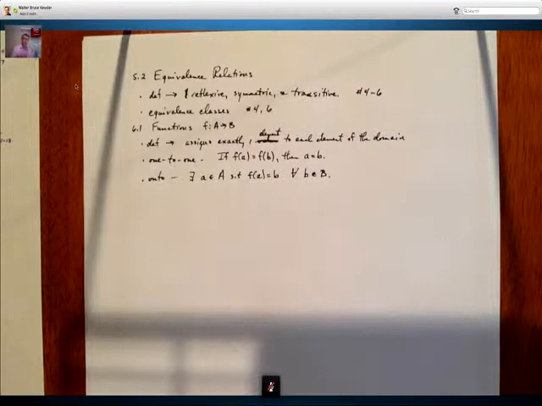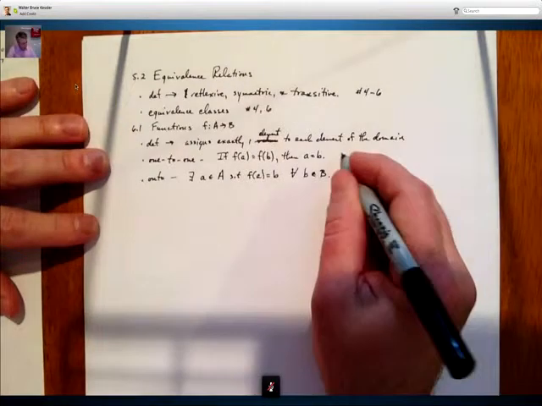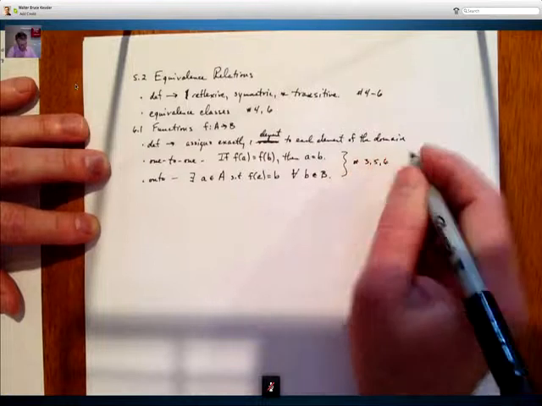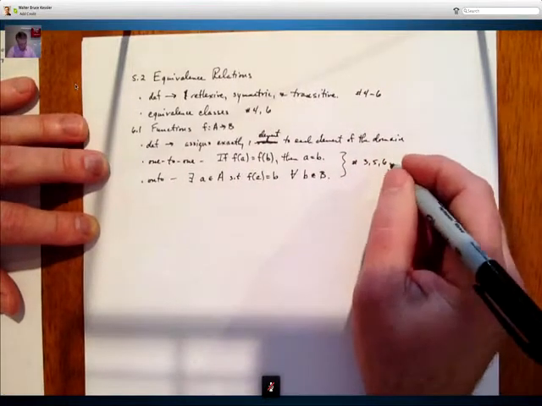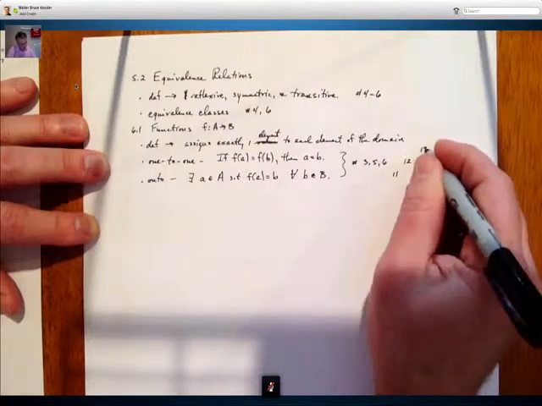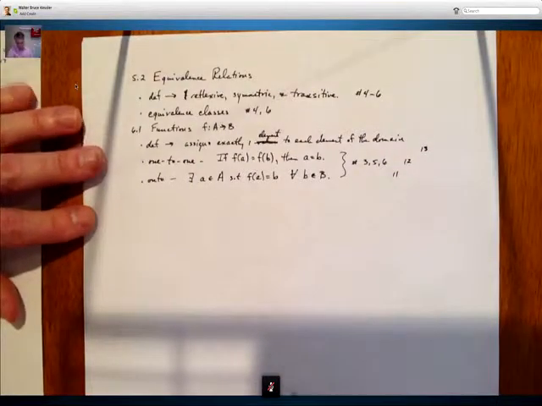Okay, in other words, the range equals the codomain. So there's a good chance I would put a function on there and say, is this function one-to-one? Is it onto? That kind of business. And we did stuff like this in problems 3, 5, 6, 11 in particular mentioned onto, 12 and 13 in particular mention one-to-one. Okay.